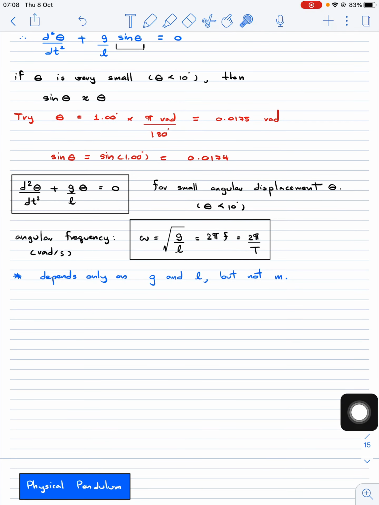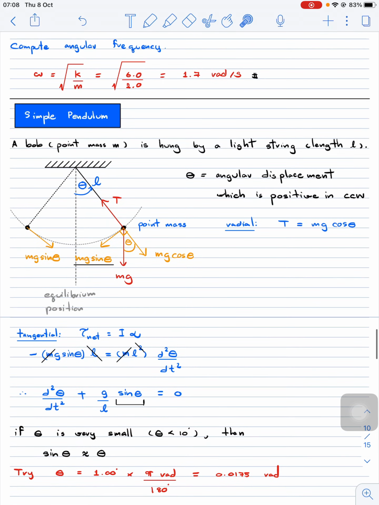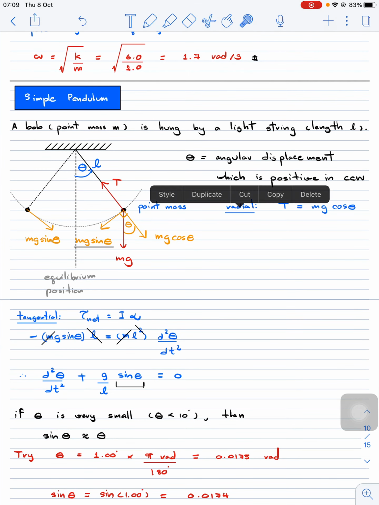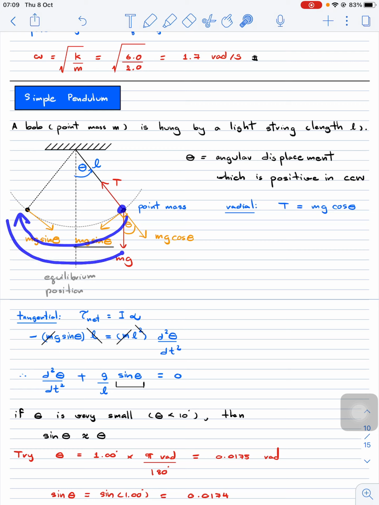Now don't forget that T here is the time for one revolution. It means that if the bob starts moving from this position, it is the time for the bob to move to the left-hand side and then go back to the right-hand side to its original position.